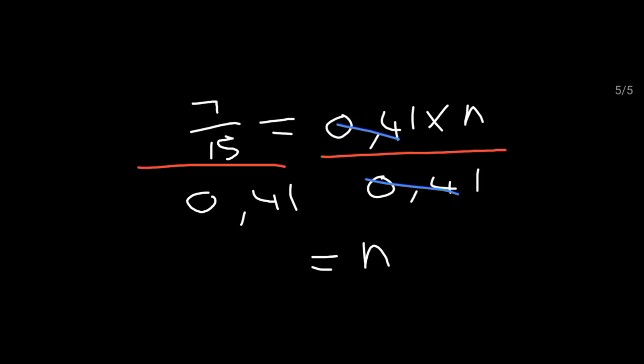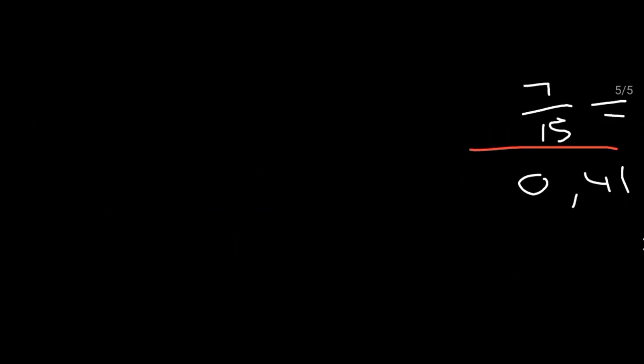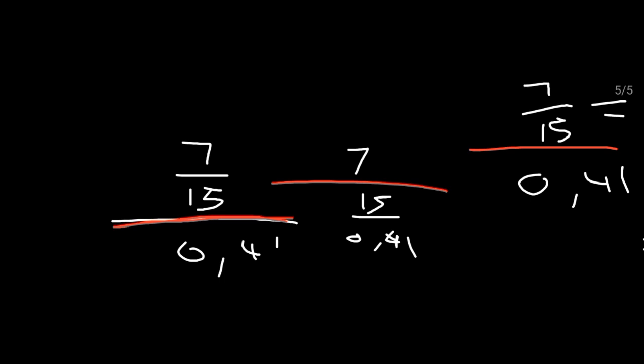That's nice. This part, guys, please listen very carefully. Currently we have a situation where it's 7/15, which is a fraction, divided by 0.41. Some people get wrong answers on this one because they don't press the calculator properly. Sometimes the calculator, instead of doing it this way, will do 7 over 15 divided by 0.41 differently, and you're not going to get the same answer.